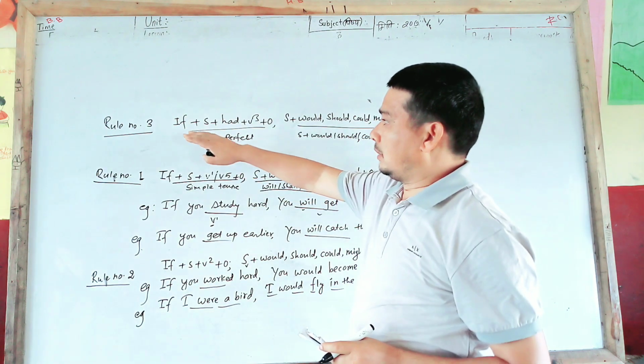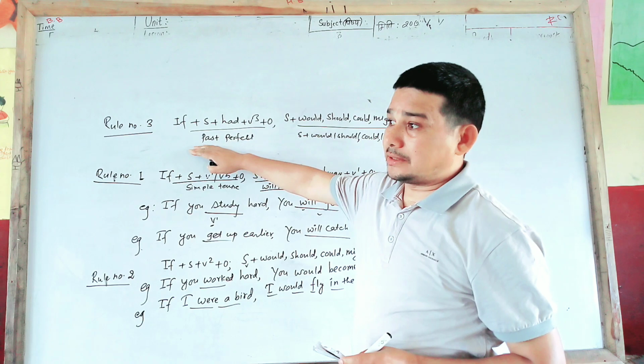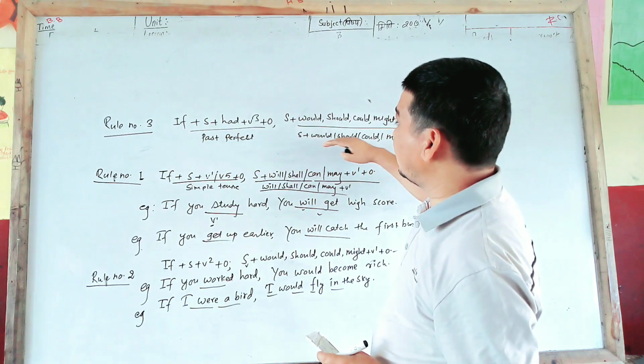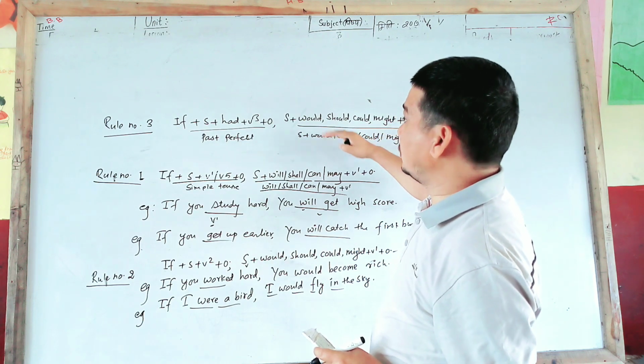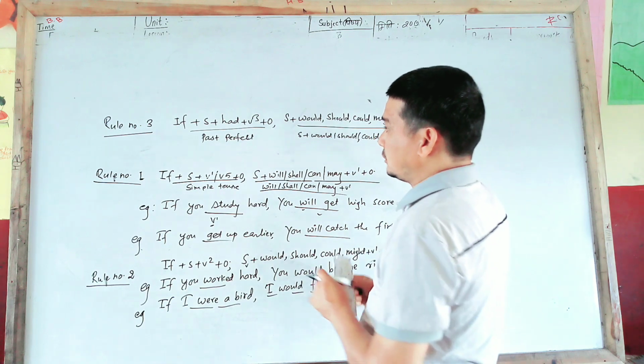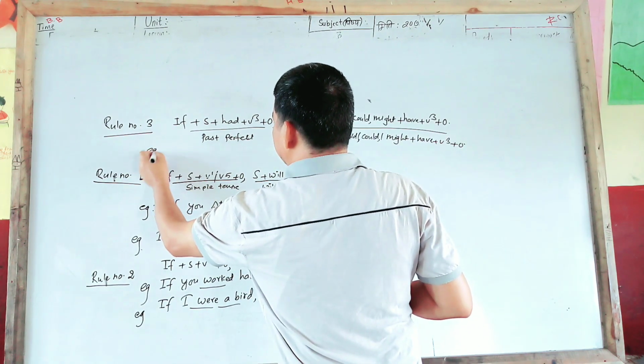So rule number 3 tells us that if our if clause is in past perfect, then we have to make our main clause would, should, could, might have plus v3 plus object. So let's do some examples.